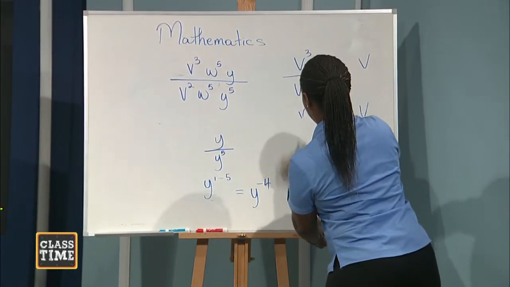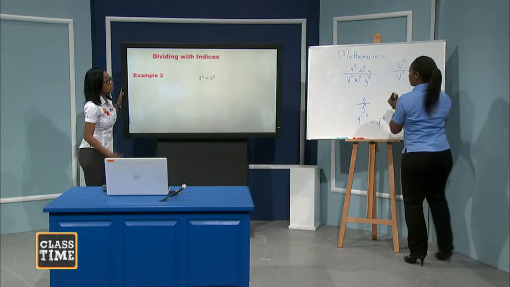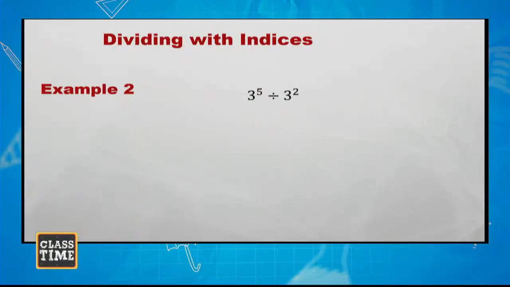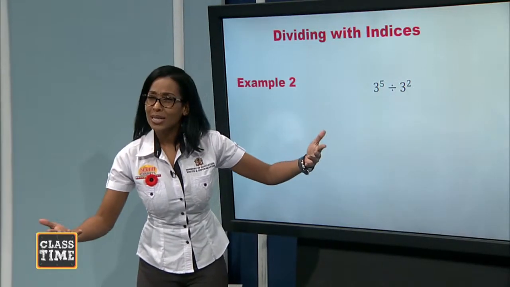Let's move ahead. We're looking now at another example, where Tamika would have shared with us that she would have subtracted the powers, which is a short way, versus what I love to do. We have 3 raised to the 5th power divided by 3 raised to the second power. Something very important to notice when we're doing indices is that both terms have the same base. You have 3 here and another 3 there. That's what I mean by same base.